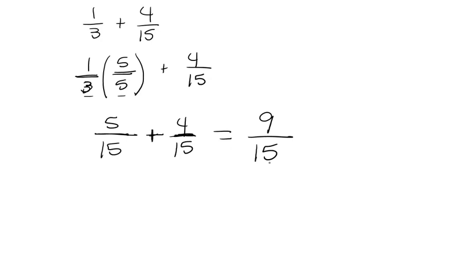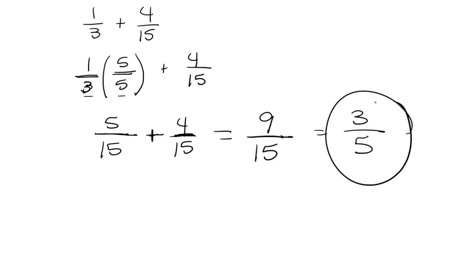Now the next step would be to see if we can reduce, which we can. Both are able to be divided by 3. So 9 divided by 3 is 3. 15 divided by 3 is 5. So this is our final solution.